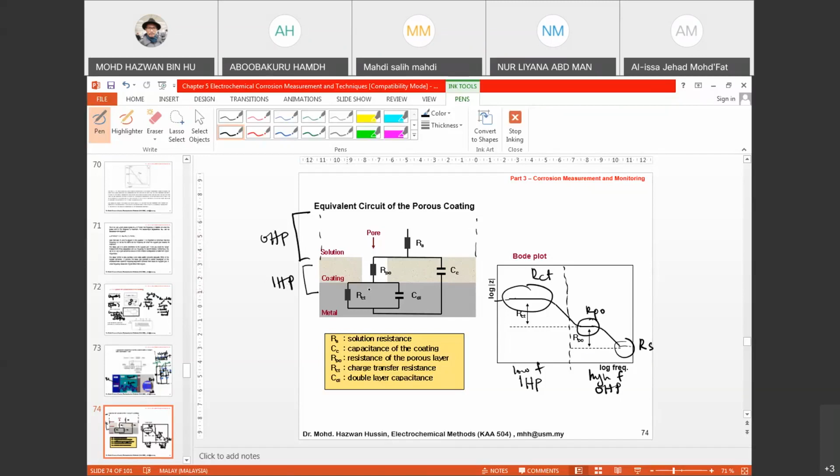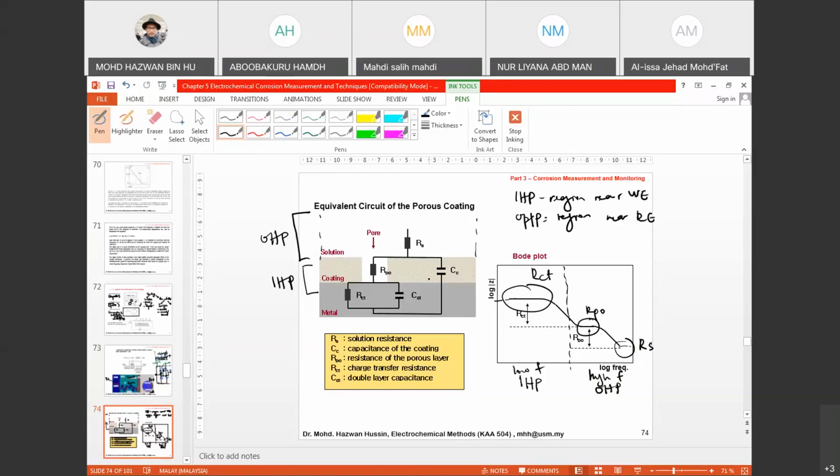So the inner Helmholtz plane is the region near the working electrode. OHP, the region near the reference electrode.